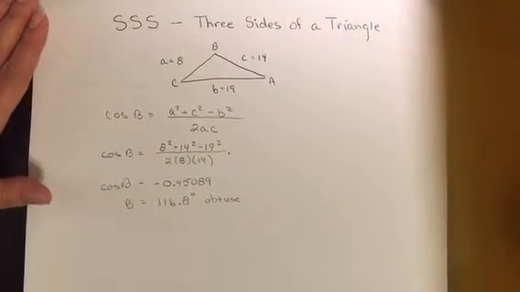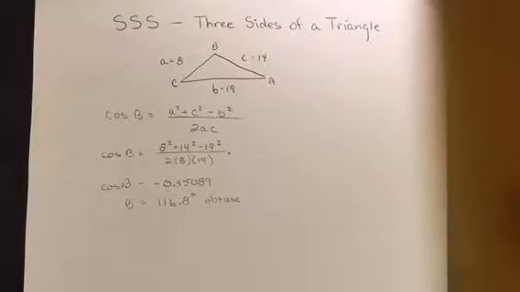All right. This is an obtuse angle. And a triangle can only have one obtuse angle, right? So just to make ourselves feel better, in case you're worried about it, we're going to take 180 minus 116.8 and take the cosine of that.